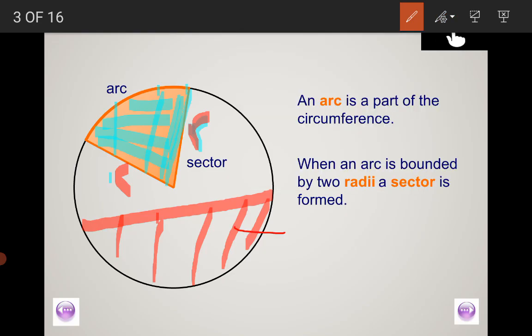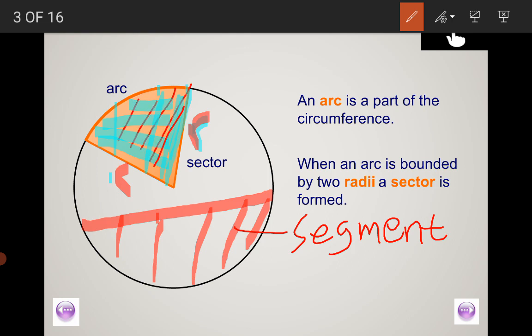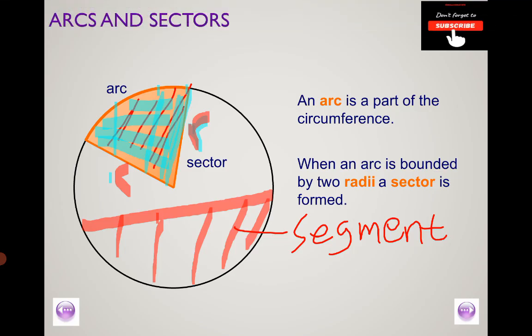So this is a segment, but this one here is called the sector. A sector is just a region which is surrounded by two radii and an arc. Those are the parts of a circle.